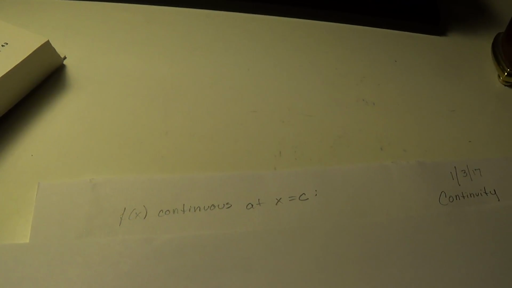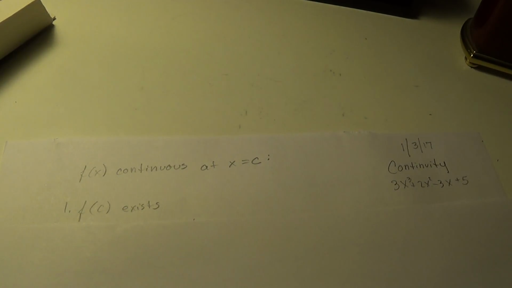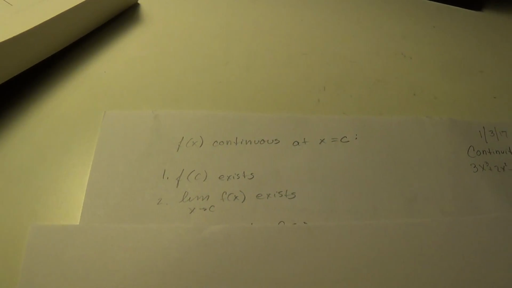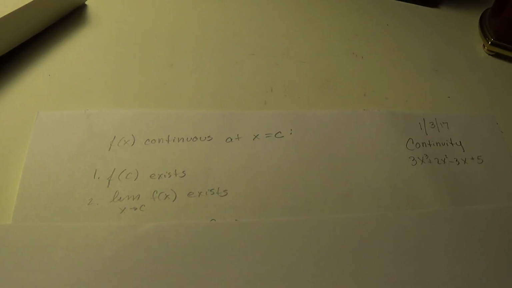For a function to be continuous at a point, say x equals c, it has to meet three conditions. First of all, the function evaluated at the point c must exist. Second of all, the limit of the function as x approaches c must exist.